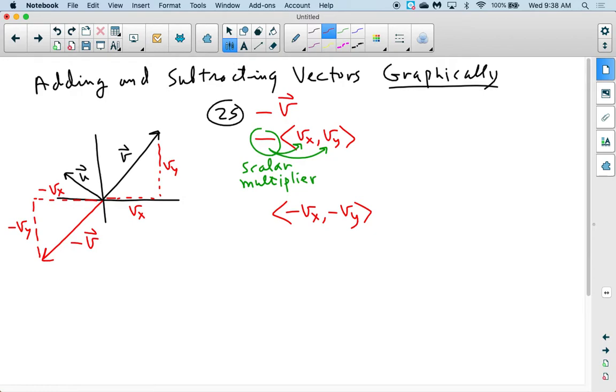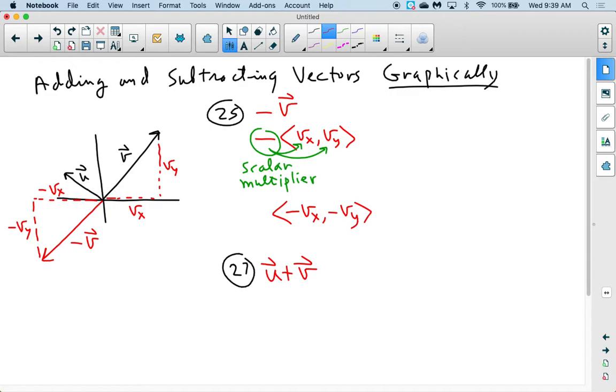How about, let's do 27. 27 is U plus V. Well, to do U plus V, let's think about what it means in terms of components for just a minute.